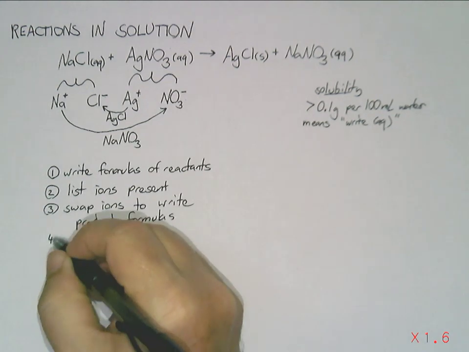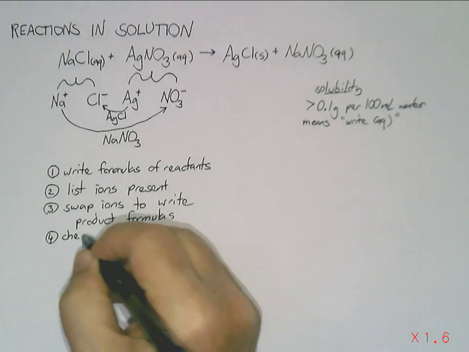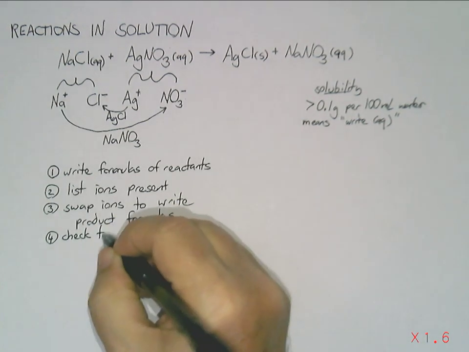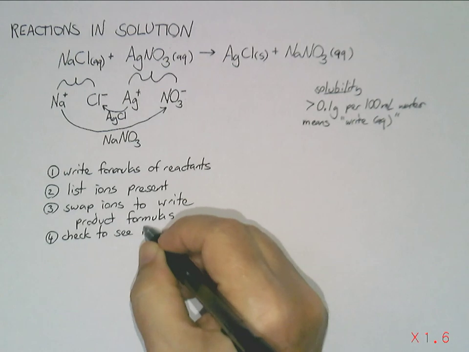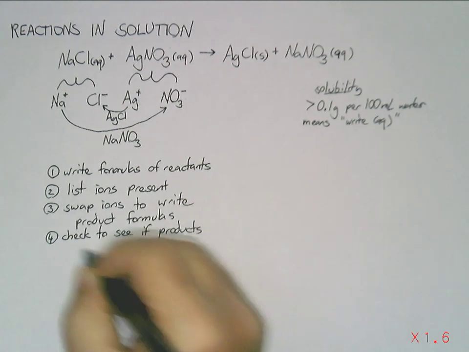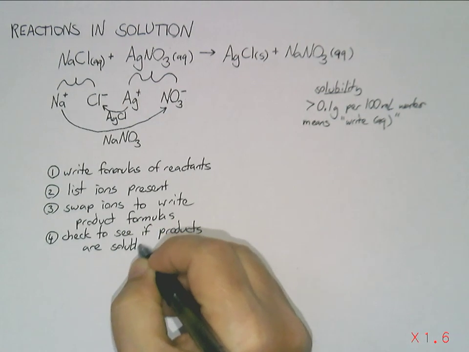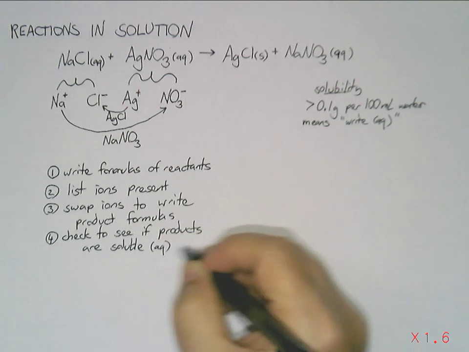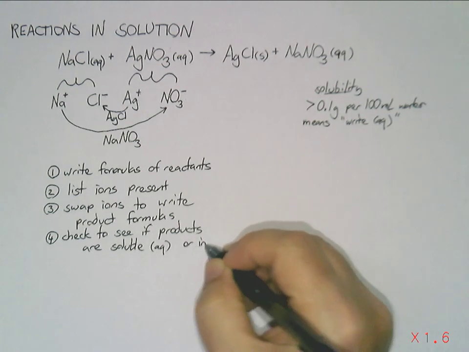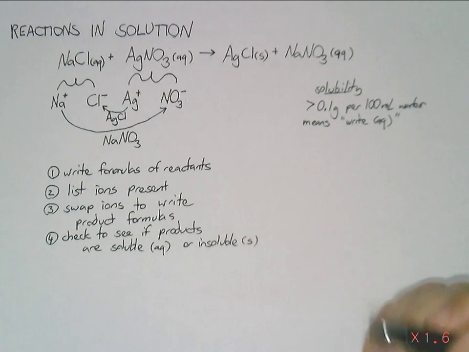The fourth thing I want to do is check to see if the products are soluble. That is, I can put an AQ after them, or insoluble, and I can put an S after them.